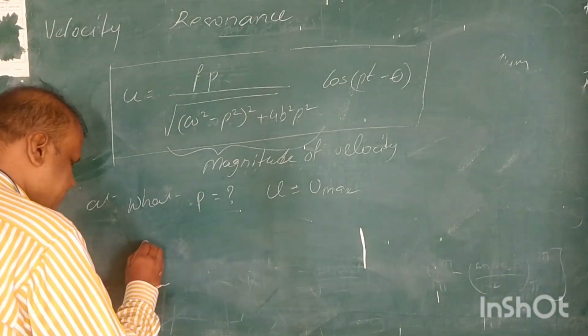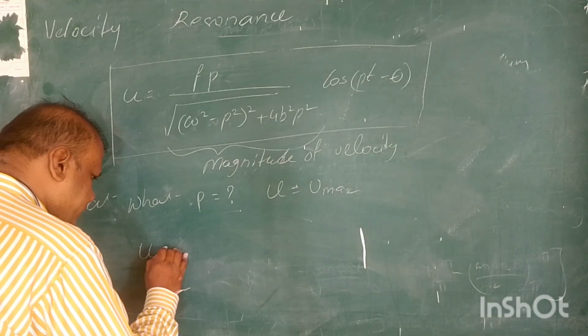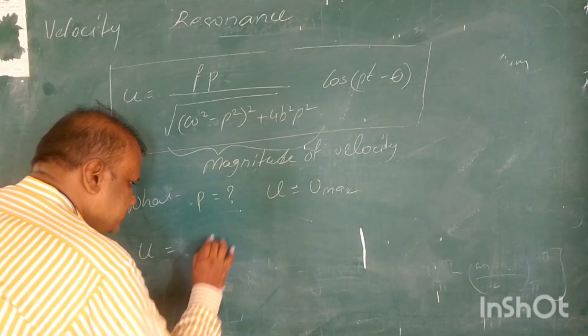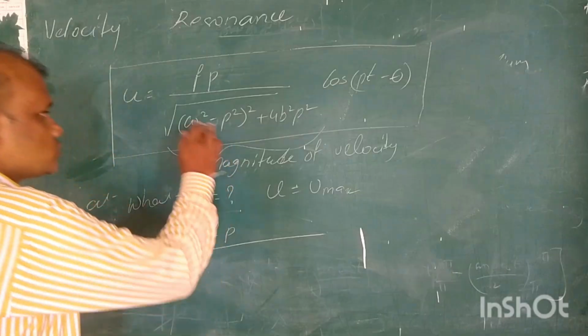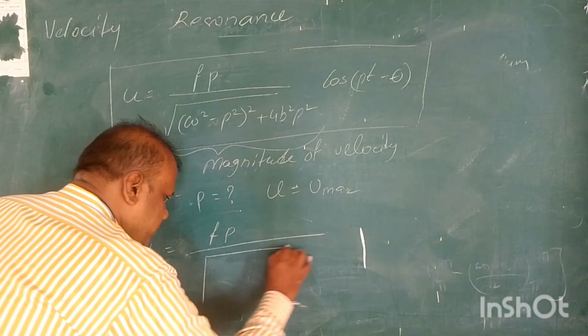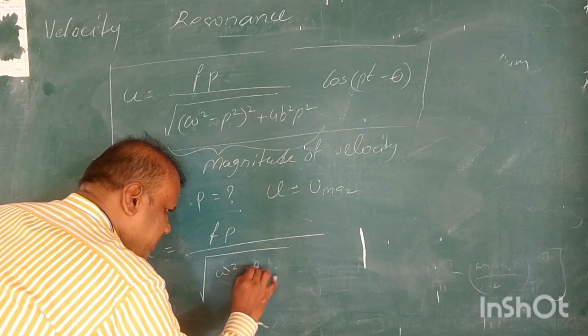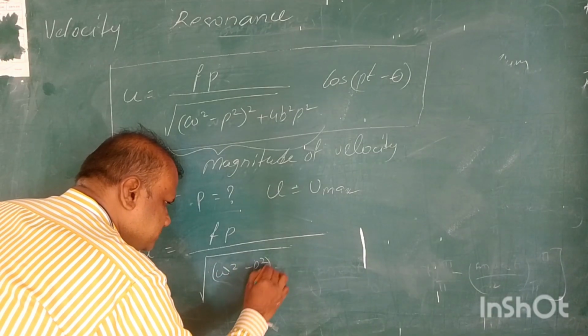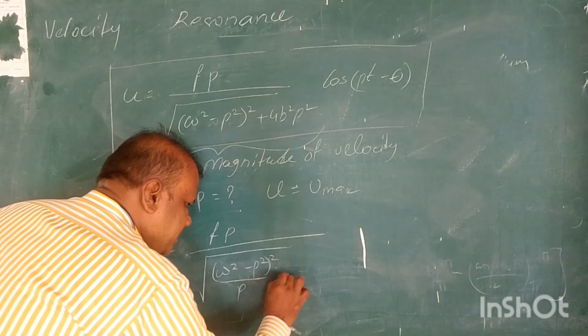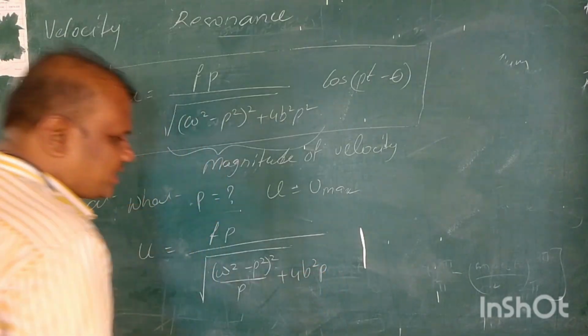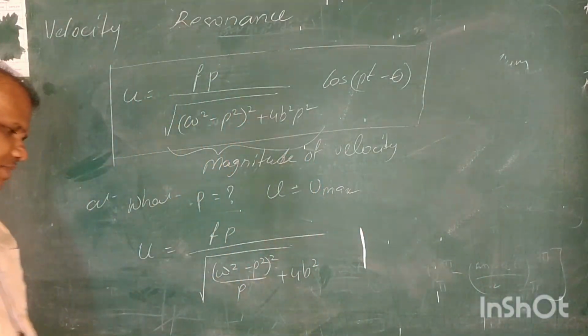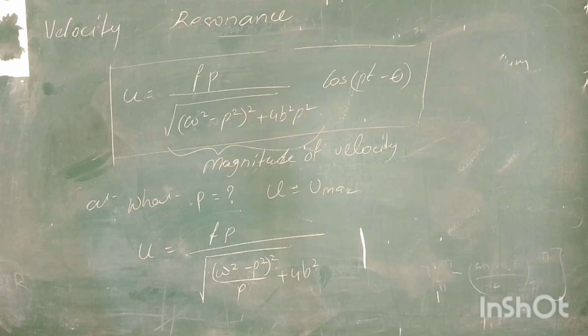Here I am going to rewrite this amplitude, taking only the amplitude. So fp divided by, this is nothing but the amplitude. I am going to rearrange this equation: (omega square minus p square) whole square divided by p square plus 4b square.